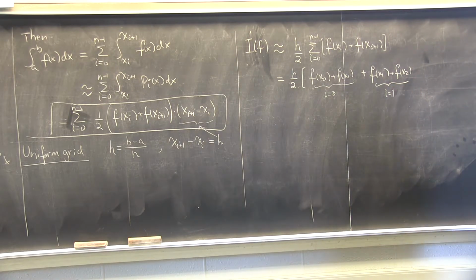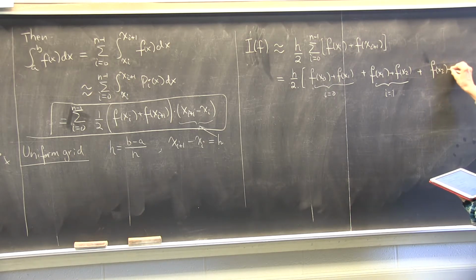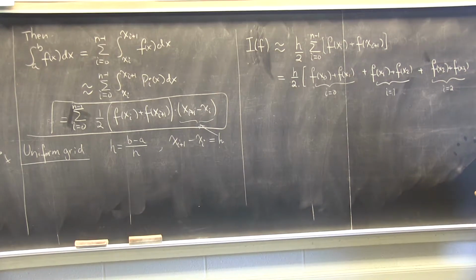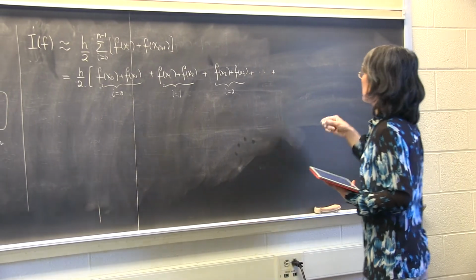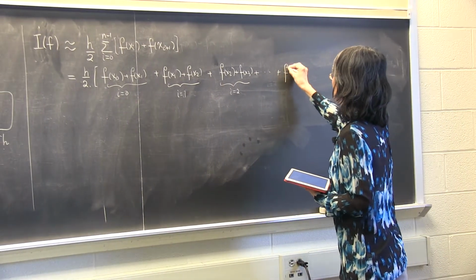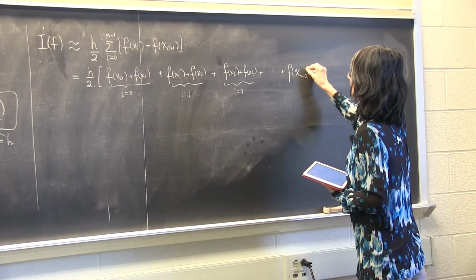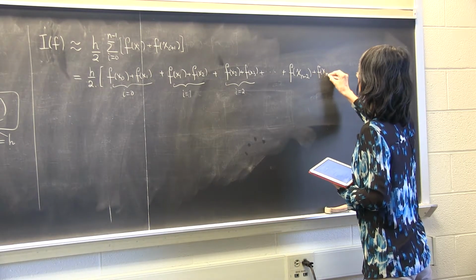Not so fast. And then comes i equals 2, f at x2 plus f at x3. This is i equals 2. Okay, so on and so forth. Let me write out the second last term, that is n minus 2, f at x n minus 1.